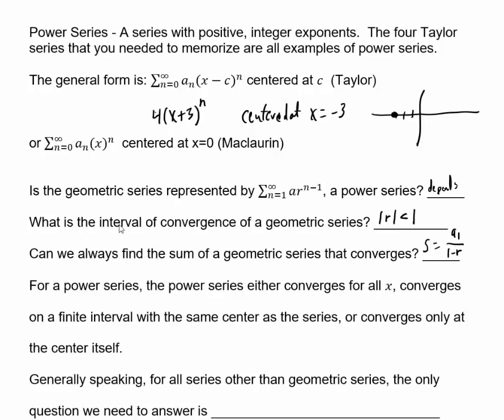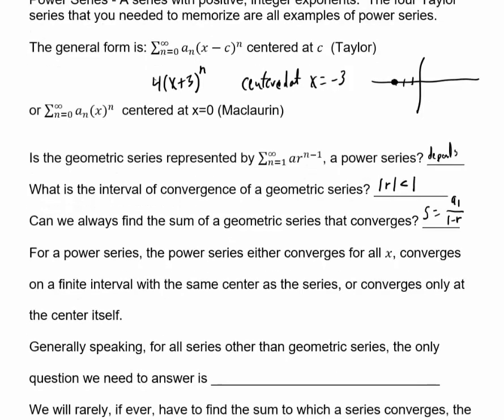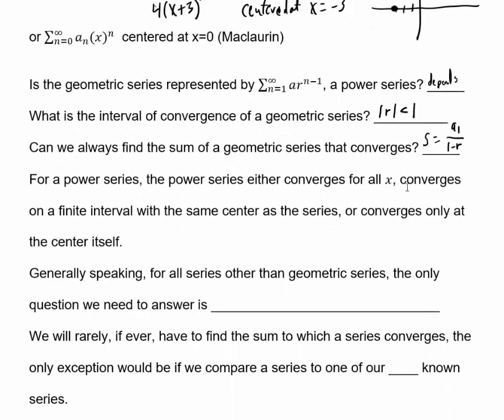So for a power series, the power series will either converge for all values of x, it'll converge on some finite interval, say from negative 1 to 1 or negative 2 to 2, with the same center as the series, or it converges only at the center itself. And you'll be seeing a whole bunch of examples in a later topic on these. Okay.